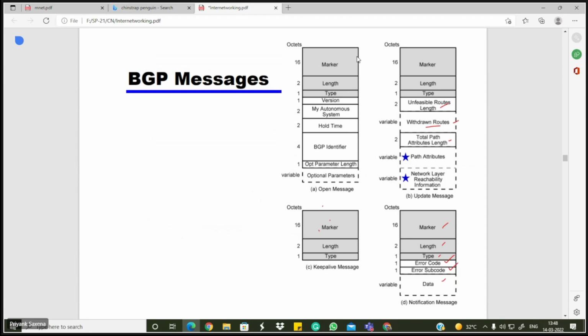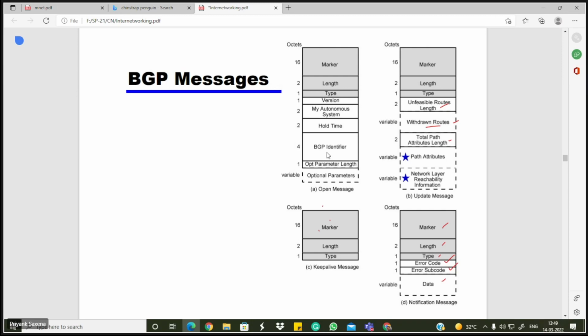Marker is used for synchronization purposes, then the length of the message, type, version, my autonomous system, the details of the autonomous system the router belongs to, and hold time, that is how long it is going to wait for the reply. Like once it has initiated an open message, how long it will wait for a keep alive message or an acknowledgement to put the connection in the established state, right?